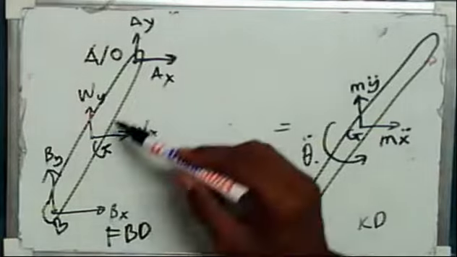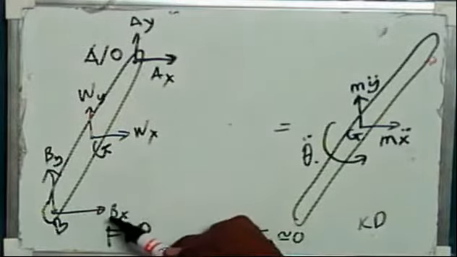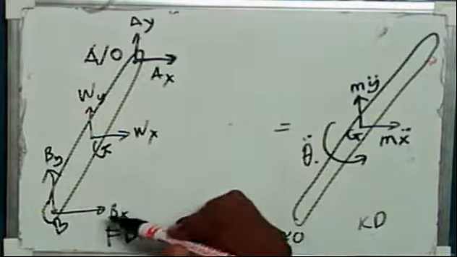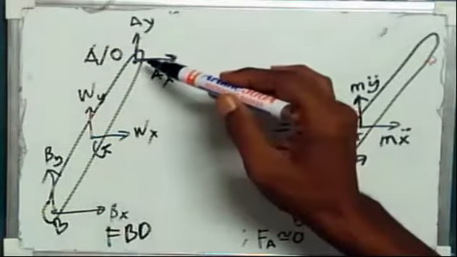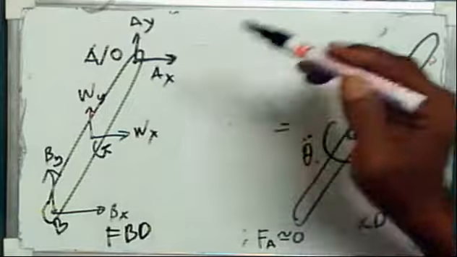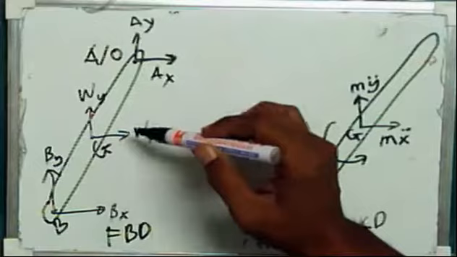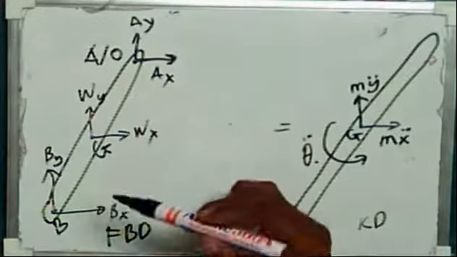Just identify the location of interest, the unknown force with its components. Let's say we have A, we have a component of force A in the X and Y directions. Similarly with the weight, the component in the X and Y directions.